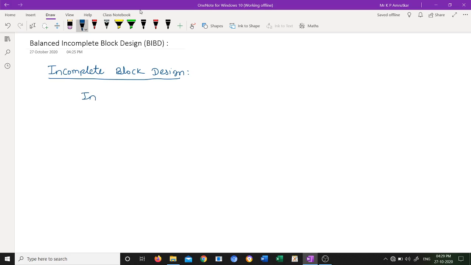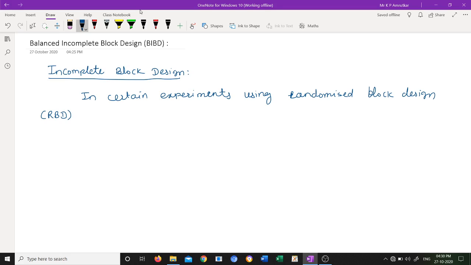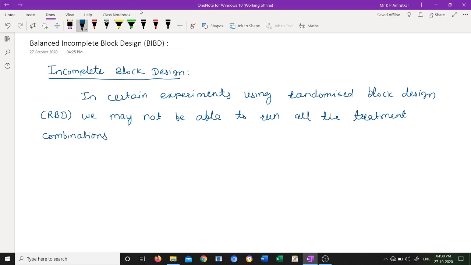In certain experiments, using a randomized block design, we call it RBD, we may not be able to run all the treatment combinations in each block.